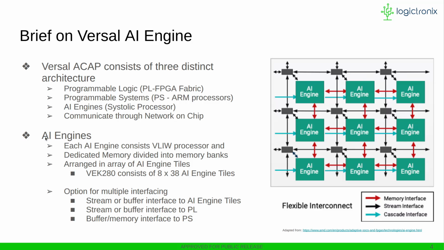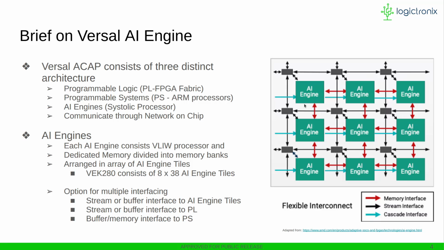Regarding the AI engine, it is a multi-processor architecture. The processors are arranged in the form of an array, and they are called AI engine tiles. Each AI engine tile consists of a VLIW, very large instruction word, processor, along with its own dedicated local memory.